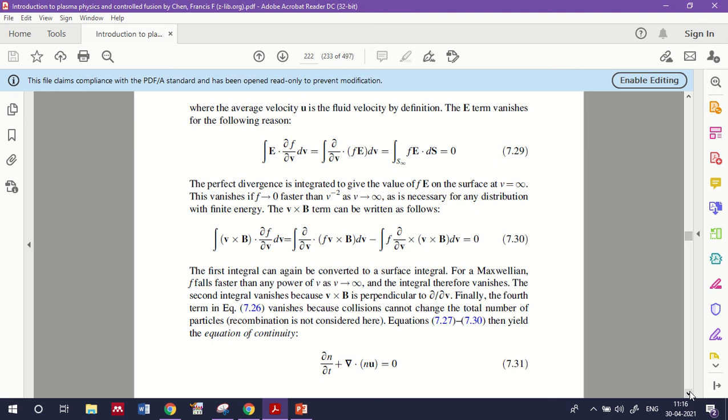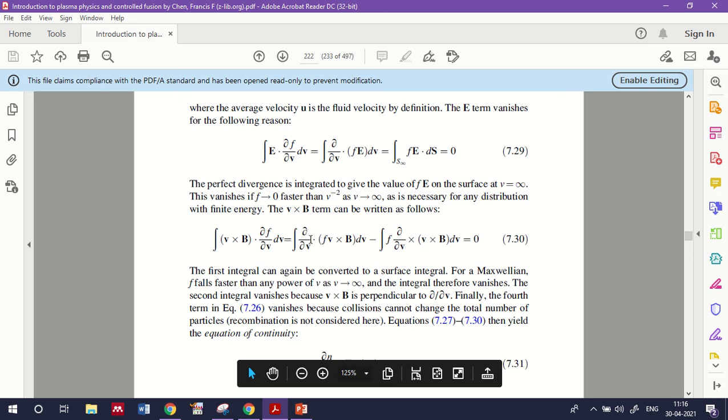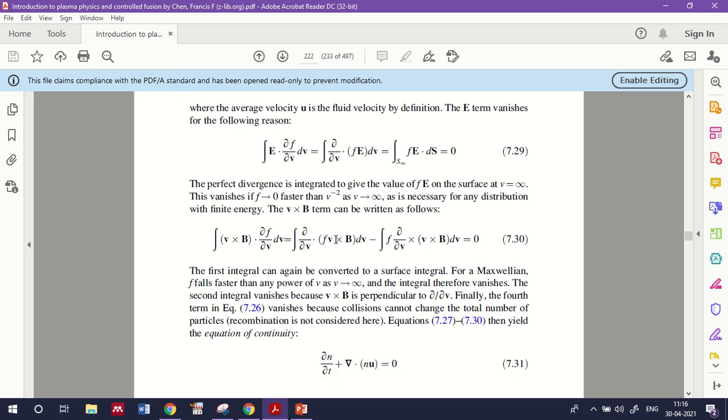Now in this case the second integral vanishes because v cross b is perpendicular to dou by dou v. If dou by dou v is perpendicular to v cross b, then this equation becomes 0. What is the representation of this?